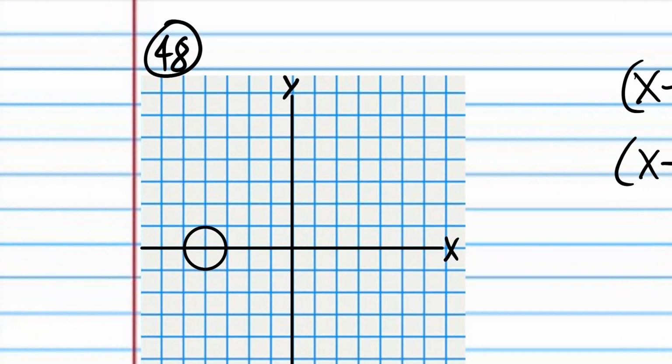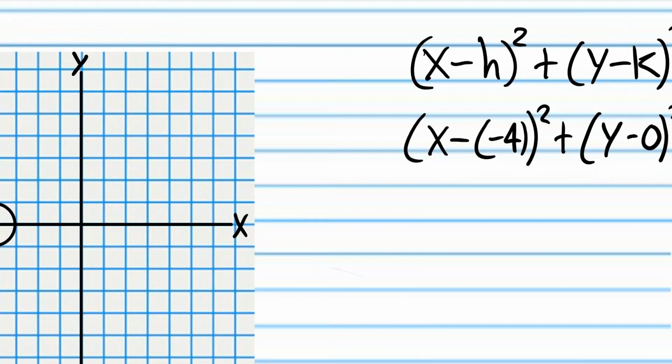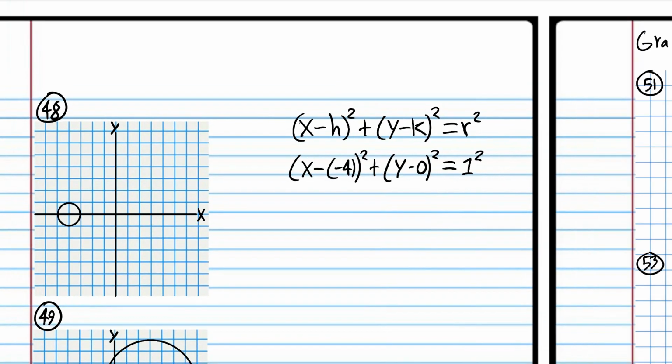Again, the radius is the distance from the center to a side of the circle, so that's just 1 unit. And so we have the double negative becomes a positive, and y minus 0 is just y, and 1 squared is 1. So we can kind of just move this stuff together. And if you got that answer, good job.